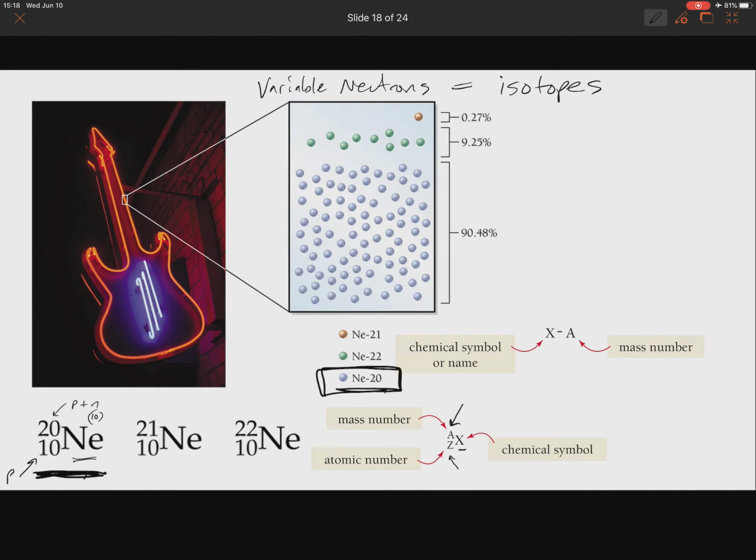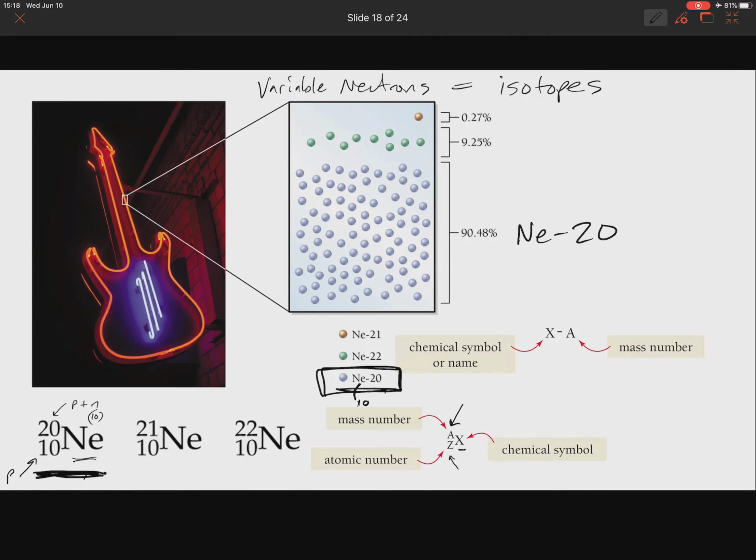The difference is they don't take an extra step to write a 10 somewhere so that you know neon is number 10. It's assumed you can look up neon on the periodic table and find out it's number 10.